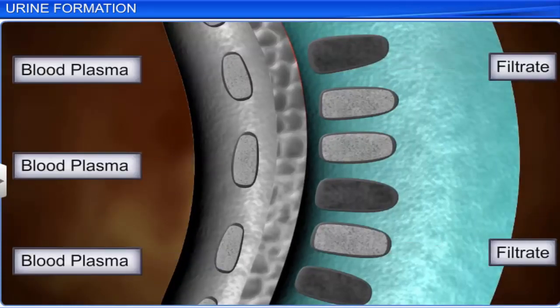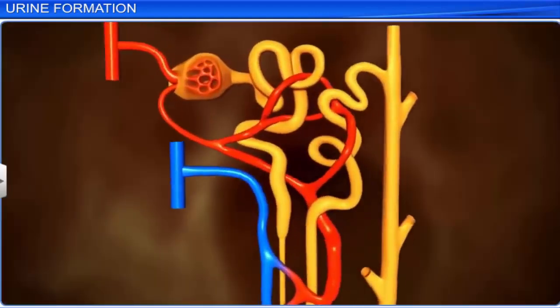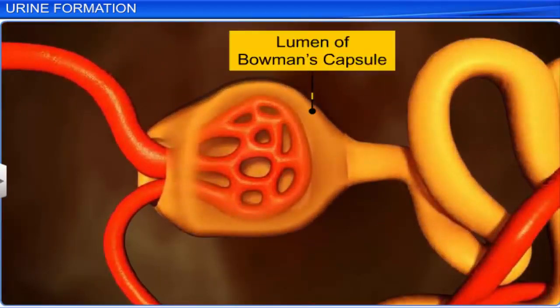These slits or membranes help in the filtration of blood, and almost all the constituents of the plasma except the proteins pass into the lumen of Bowman's capsule. This is the reason glomerular filtration is known as ultrafiltration.